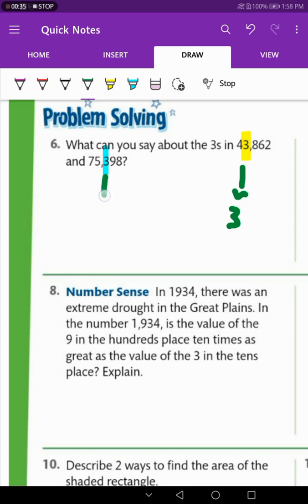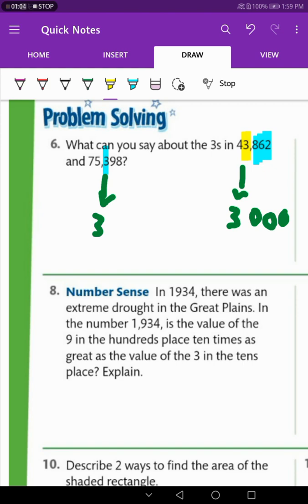Then we replace each digit in front of 3 with 0. So how many digits do we have? 1, 2, 3. So the value of 3 is 3,000.